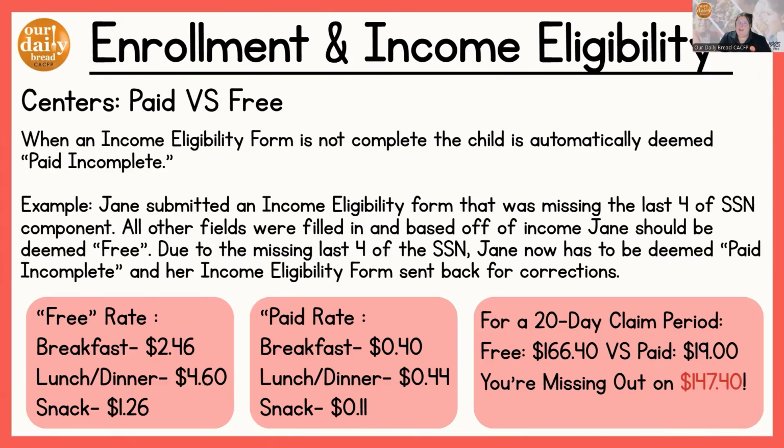For paid, you're only receiving $19. So you're missing out on $147. And again, if you have a center of 200 and you have 20 children who are paid incomplete because of a small missing part on that income eligibility, those numbers stack and really add up and they impact your reimbursement.